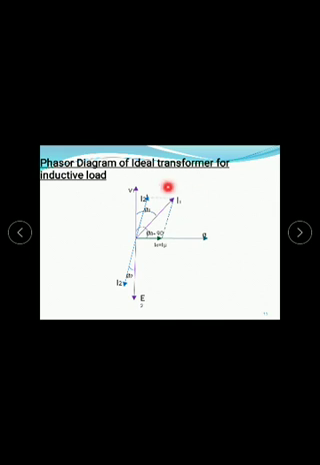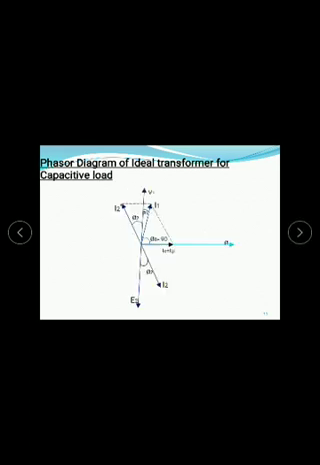Here I1 is the combination of I0 and I2 dash. So the vector sum of I0 and I2 dash gives the I1. The projection of I2 is nothing but I2 dash. Here the angle between V1 and I1 is phi1, and this I0 is between V1 and I0. See here, this is the phasor diagram for inductive load.